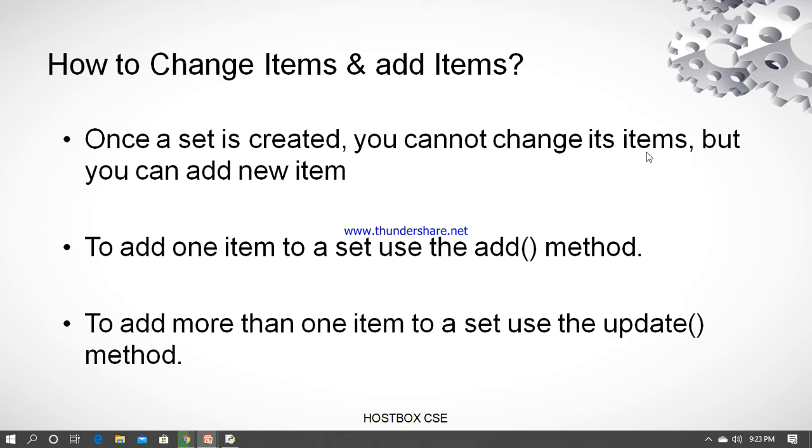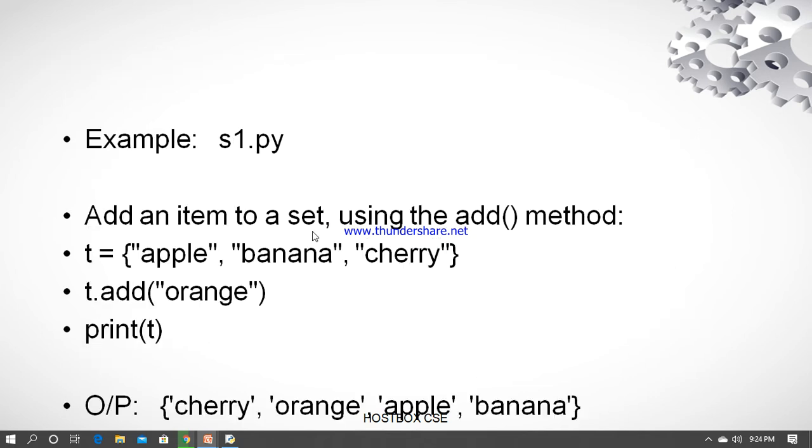Keep in mind that once we create a set, you can't do any modification; that means you can add extra elements, but you can't do updation. For example, if I have a set of apple, banana, and so on, and I want to add pineapple, it will allow adding new items in the set.